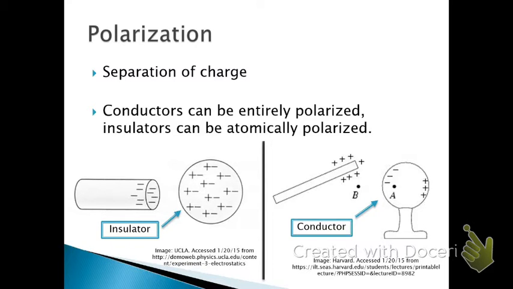So polarization is just a separation of charge. Insulators, the electrons are not free to move around, so they will get what I like to call atomically polarized. Electrons are still free to move about their individual atoms. So it's a much smaller scale polarization, but it still happens. And we'll look at some examples of that in class as well.